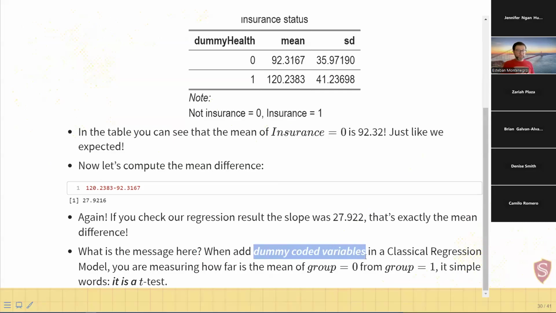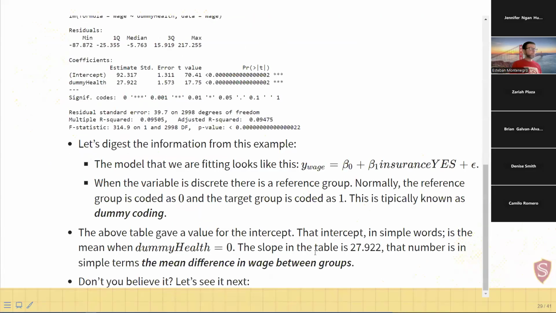There is something that I haven't explained here, and let me come back here. I didn't explain to you about dummy coding. When you have a variable and that variable has zeros and ones, we call it dummy.